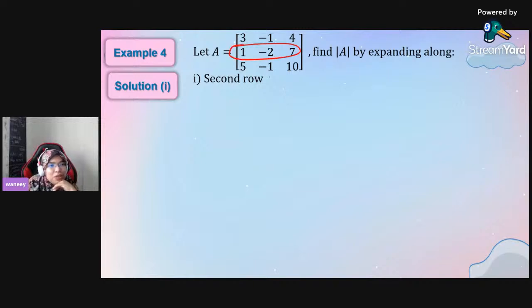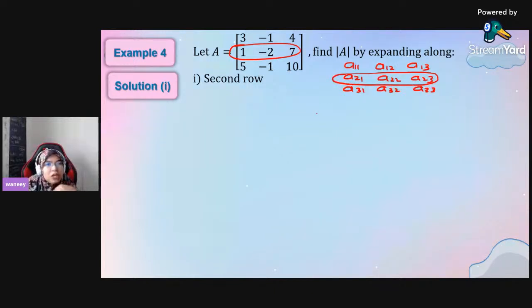Or if you want to use the formula, if you want to write down the formula first, so A11, A12, A13, A21, A22, A23, A31, A32, A33. Okay, expand along the second row. So that means I'm going to use the formula for this one: A21, A22, A23.